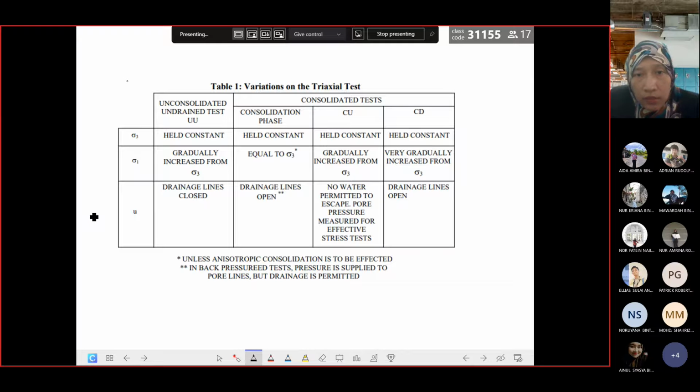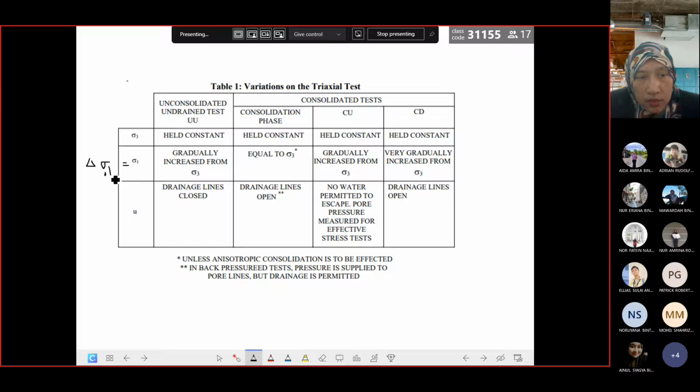So the summary from that explanation, the differences between UU, CU dan CD, you can split into three main parameter variables, iaitu confining stress, and then deviatoric stress ataupun axial stress kat sini, and also the pore water pressure. Somehow kat sini dia put it as a sigma 1, or it also can be known as a delta stress.